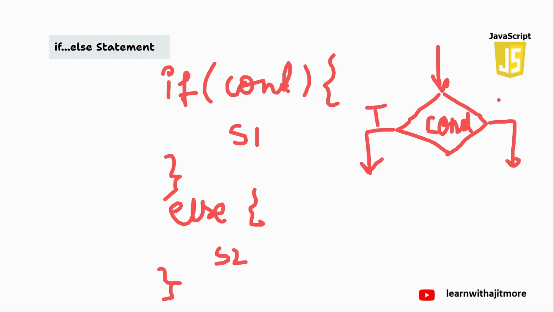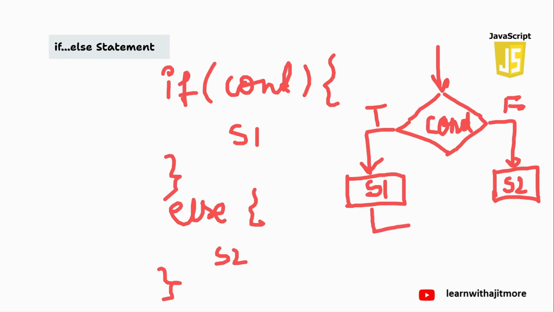Now, if it is true, it will do the if part, the if block, statement 1, which can be one or many statements. And false है तो else part, जहां S2 है. तो S1 or S2, anyone. And after that, it will continue with the remaining code.